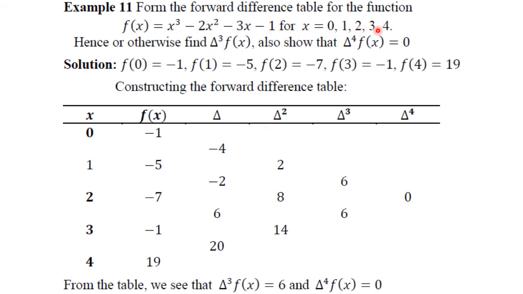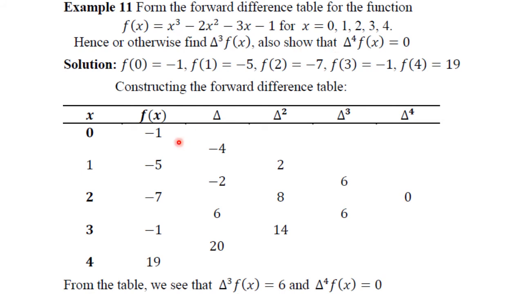So how many values are there? 1, 2, 3, 4, 5. Total values are 5, at which you need to find the function value, and then we will make the table. Then it says, hence or otherwise, find del cube f of x. Also show that del 4 f of x is equal to 0. This is an important concept. We will talk about it later, inshallah.